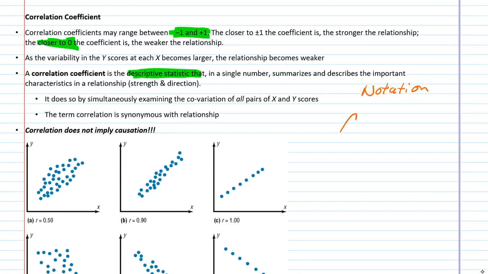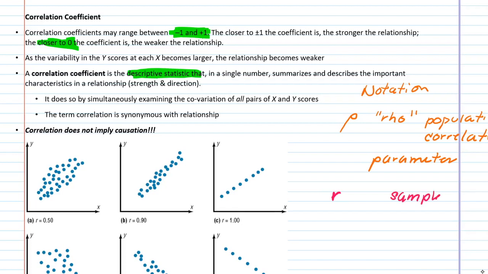The Greek letter rho represents the population correlation, meaning it is a parameter. And then the Roman letter r represents the sample correlation.